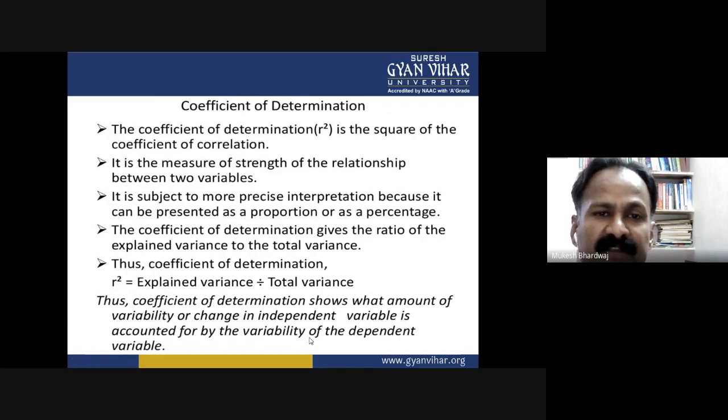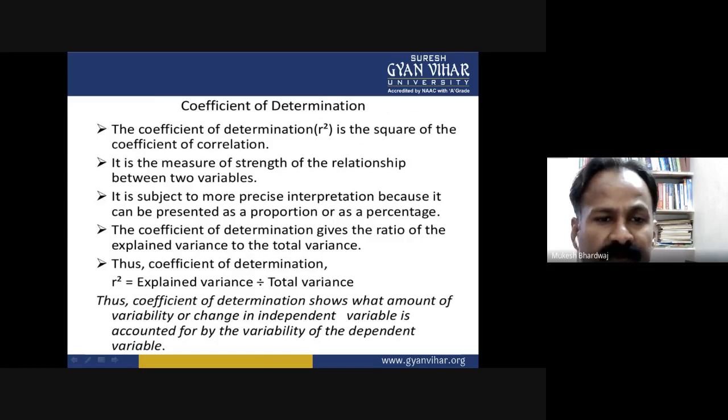Coefficient of determination. The coefficient of determination, r square, is the square of the coefficient of correlation. It is a measure of the strength of the relationship between two variables. It is subject to more precise interpretation because it can be presented as a proportion or as a percentage. The coefficient of determination gives the ratio of the explained variance to the total variance.